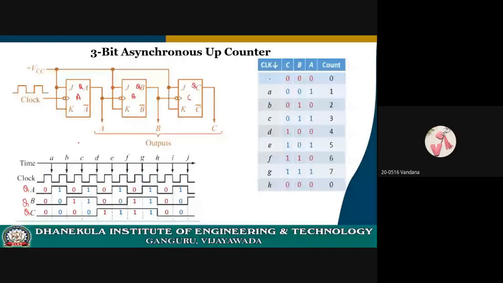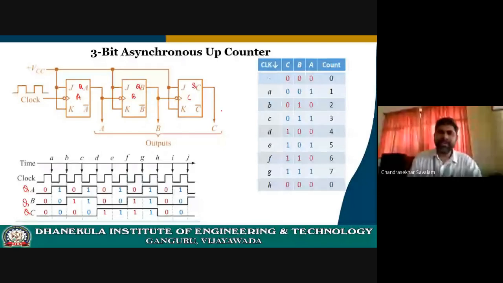Students, this is the circuit. Initially, all the flip-flop outputs QA, QB, QC are 0, 0, 0 because the clear input is 0. To keep the circuit simple, I have not drawn the preset and clear inputs here, so you have to assume there is a clear initially.